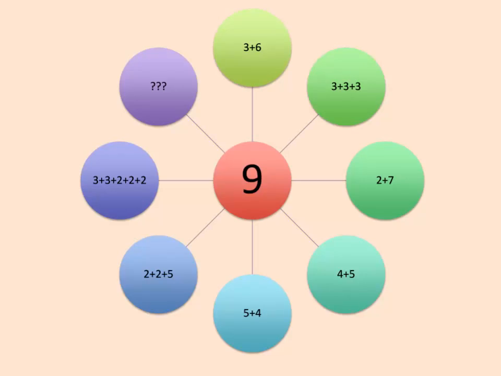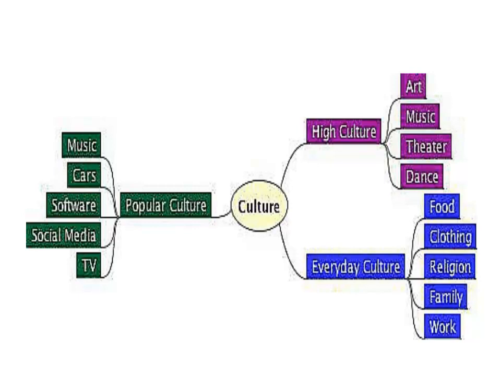And here's one that I used with a group of students to brainstorm ways to combine integers to get a sum of 9. And here's a more complicated one that provides different kinds of information about the concept culture.